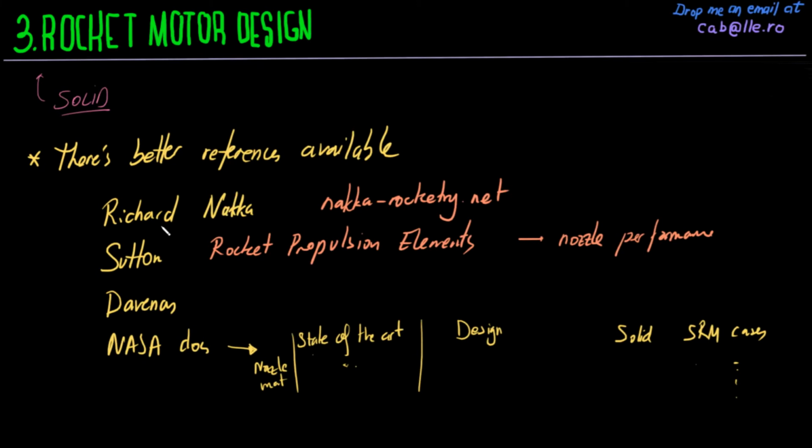Obviously, I'm gonna leave out a lot of things that Sutton talks about in the dedicated chapters on solid rocket motors. But again, there's a lot of things that are really relevant to what you would probably do at an amateur level. Same with Davenas. Davenas is a reference, but a lot of the stuff isn't really going to be that relevant for us.